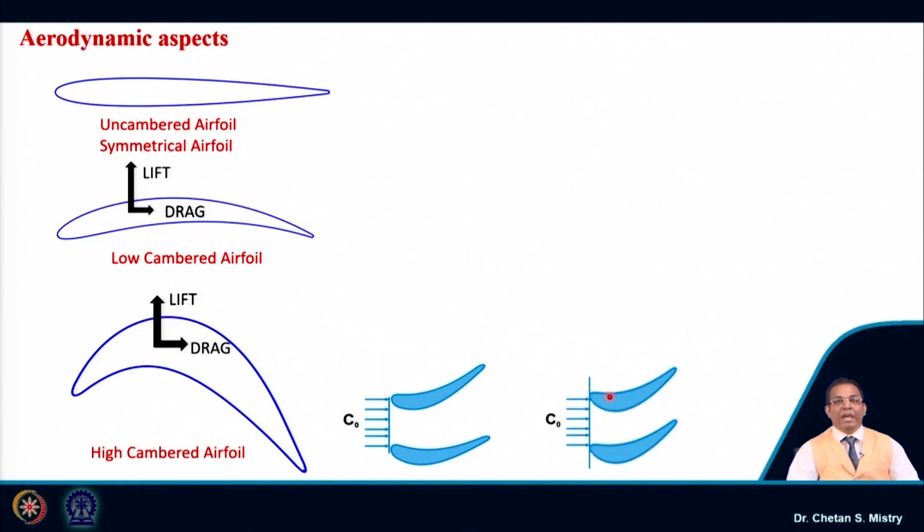Similarly, if I arrange my aerofoil in this way, where my entry area and exit area are different, here my entry area is higher, my exit area is lower. That means this passage is representing a converging passage. So, I am having a diverging passage and a converging passage. Let me put the lift force for both the cases. In this case, in order to raise the pressure, we are utilizing the lifting force.